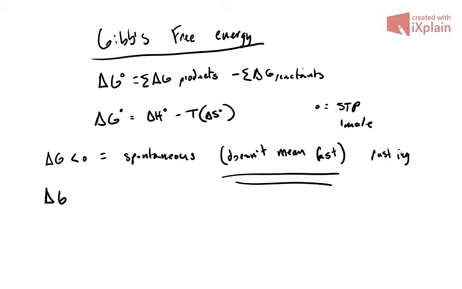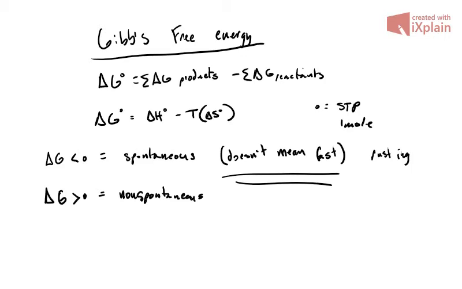And if the delta G is greater than 0, that means it is non-spontaneous. It requires something else to push that reaction forward. A lot of times that means a catalyst. A lot of times that means increasing the temperature at which that event happens, and that will lead toward a spontaneous event.